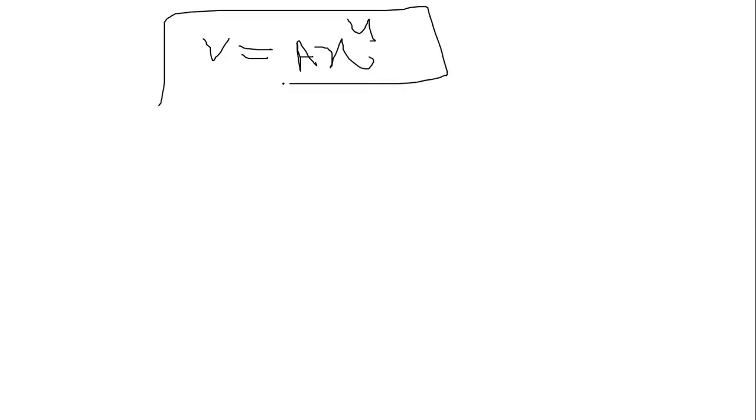But sometimes there may be questions like V equals a x to the power 4. I think there are some such questions in NET. In that case, you need to solve it and calculate E. This type of question comes with 5 marks, so you have to invest some time in it.